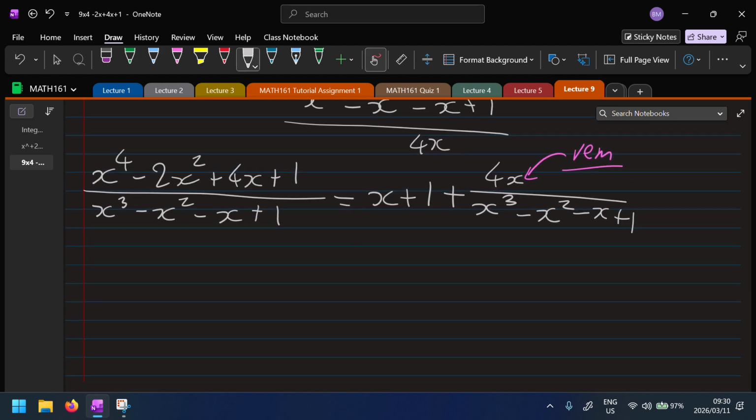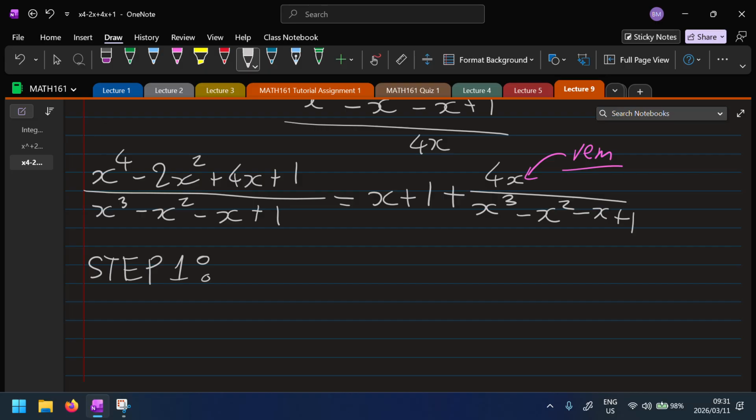Okay, so step 0 is done, and we can see that the degree of the top is 1, the degree of the bottom is 3, so everything's fine. We can now go to step 1. So step 1, we look at that bottom part and we factor it.